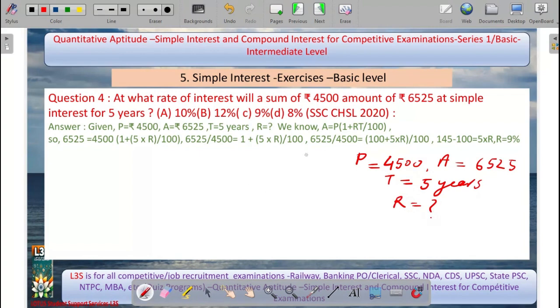Now we know the formula, A is equal to P(1 plus RT by 100).